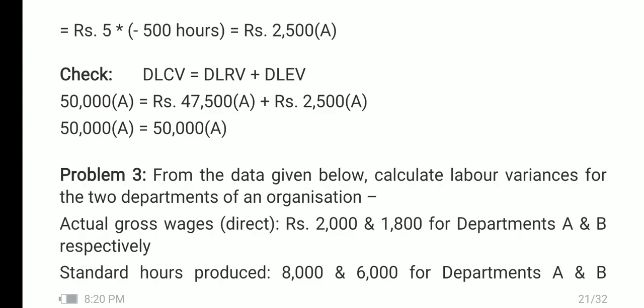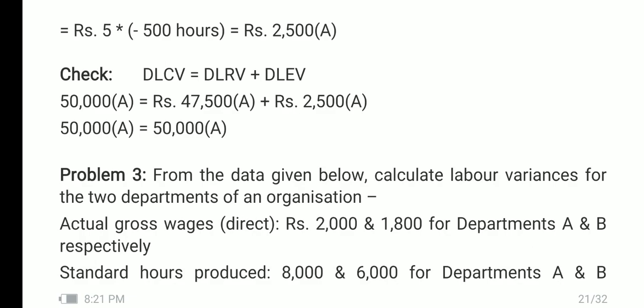Actual gross wages, that is direct wages actually paid, which is nothing but actual labor cost, is 2,000 rupees for department A and 1,800 rupees for department B, given for A and B respectively.